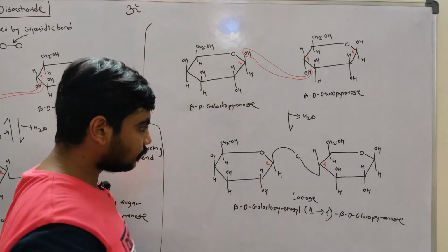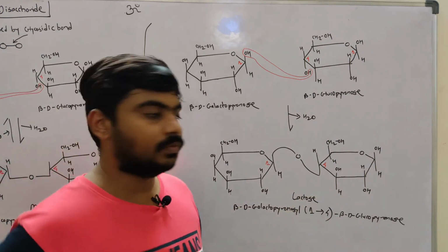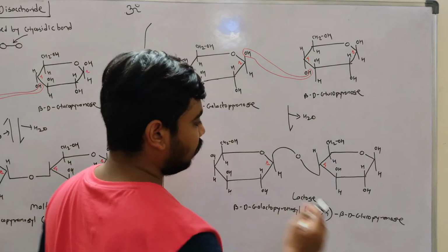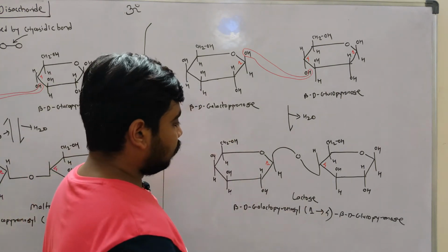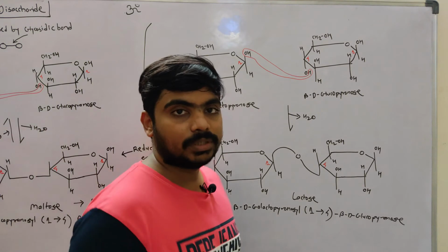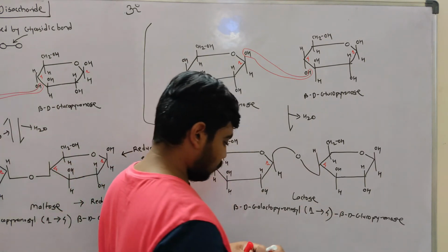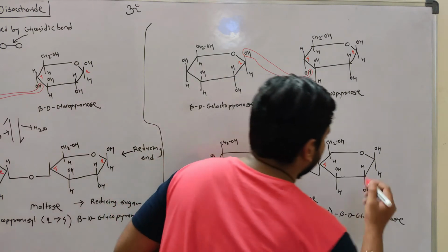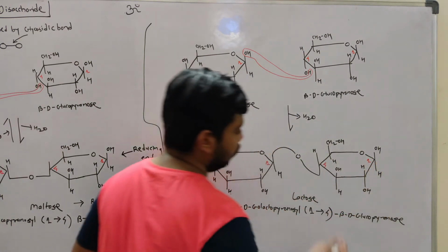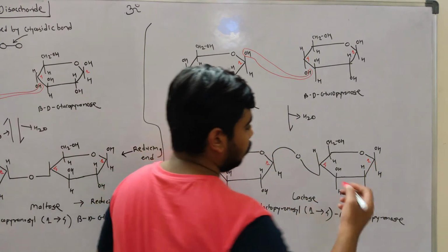This is how lactose is formed between galactose and glucose. As in the case of maltose, it also has a free anomeric carbon. This is carbon number 1 in beta D glucose, so it has a reducing end.